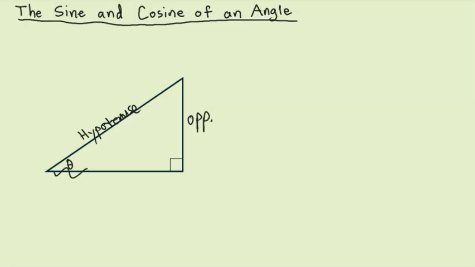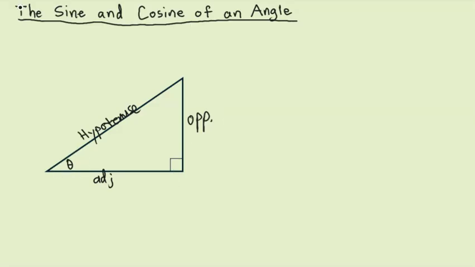And this side right here is touching theta. It's a part of the angle, right? The angle is made up of these two sides of the triangle, and one of them is this side, so this is the adjacent side, ADJ. This is adjacent to theta, and this side is opposite theta.